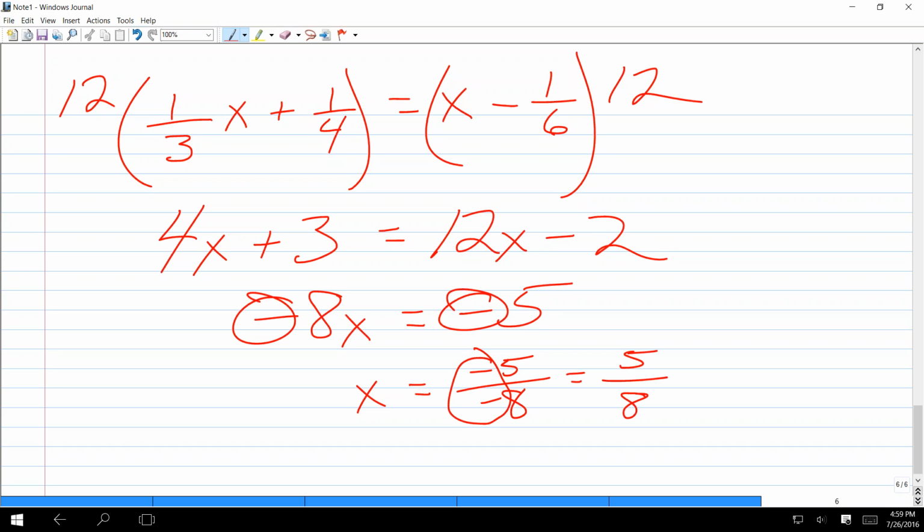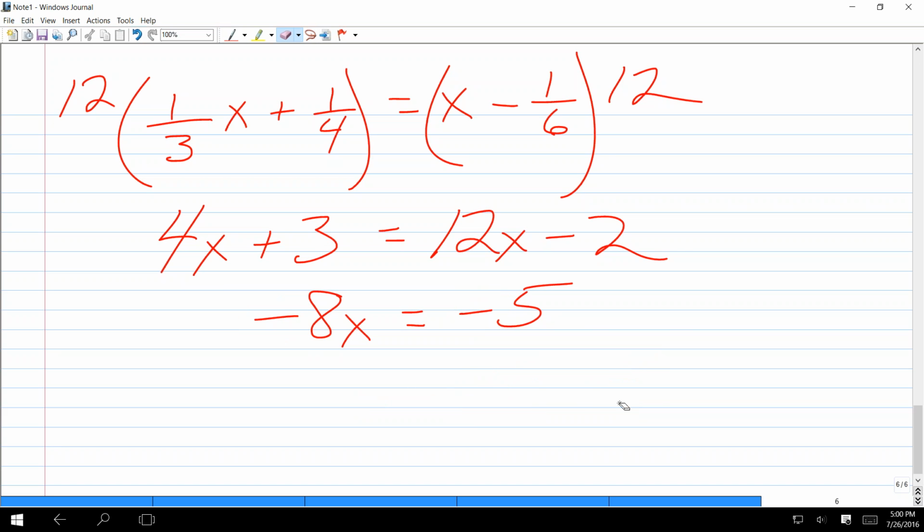Negative signs are a recipe for making mistakes. So if you have a choice, I usually go with whatever gives me a positive coefficient in front of the x. Sometimes it doesn't matter which way you go, you're going to get a negative coefficient somewhere. So just choose the way that gives you the positive coefficient in front of the x.